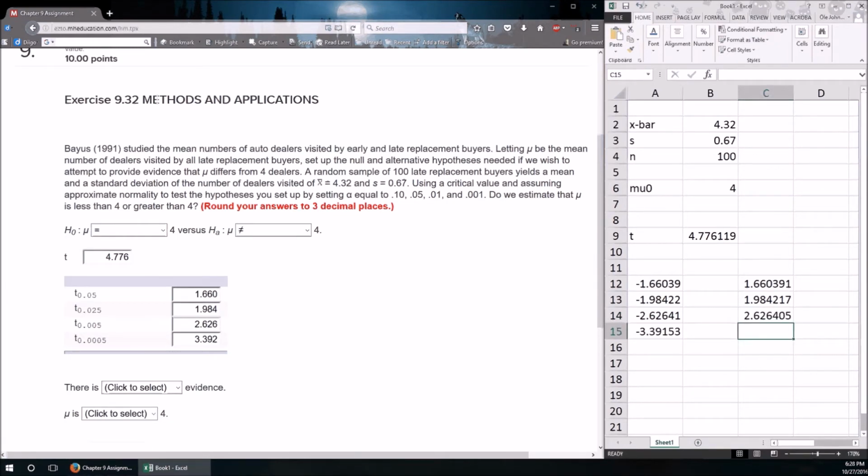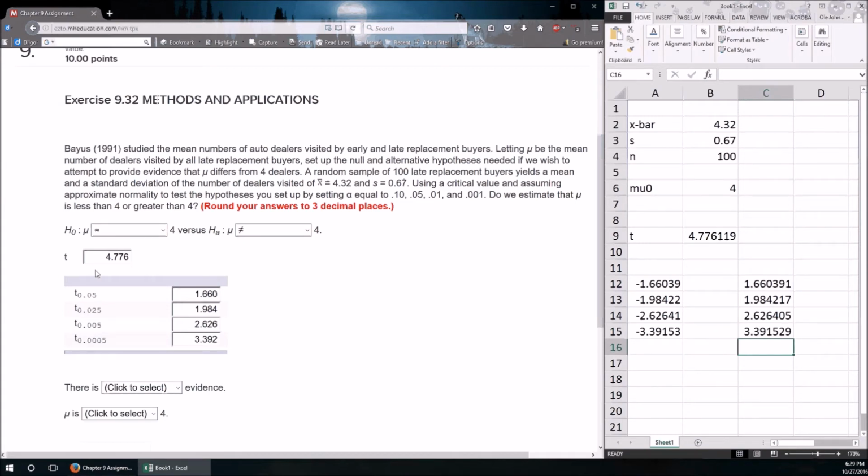And then for an alpha of 0.001, and we'll get the same values. But that's where these odd numbers came from. Came from alpha over 2 for the 4 usual alpha values that we have.